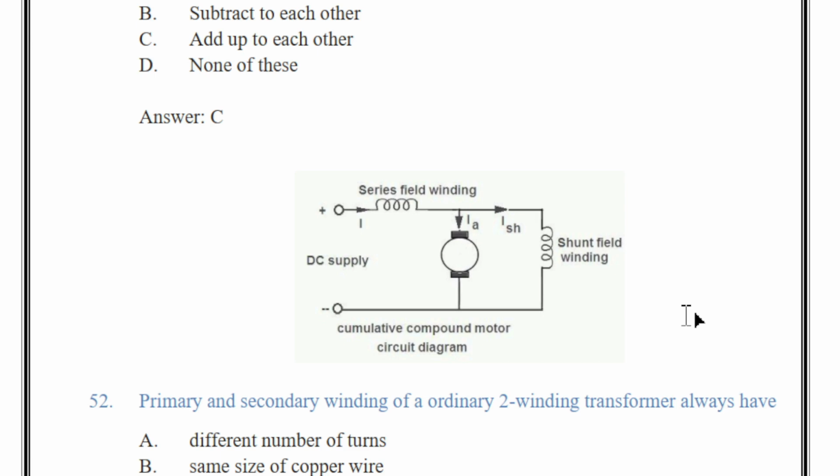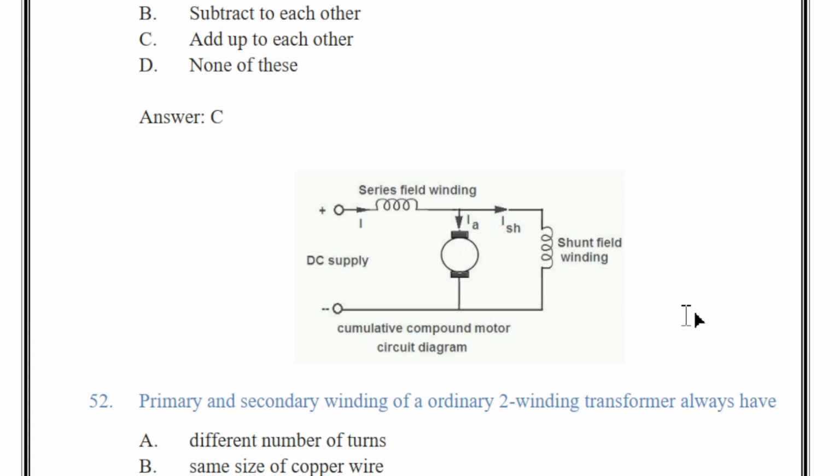A compound DC motor has two field windings. These are called the series winding and the shunt winding. The effect of one winding can be cancelled by the other. In a cumulative compound DC motor, the two field windings, series and shunt, are wound in such a way that the flux produced by them aids or assists each other.